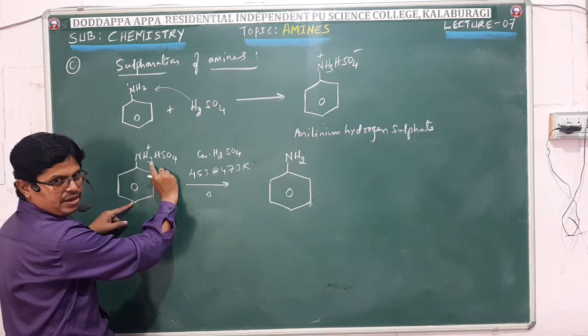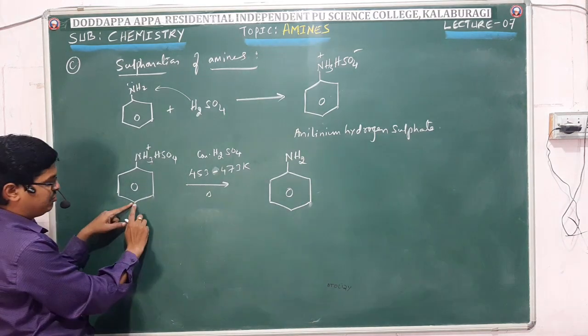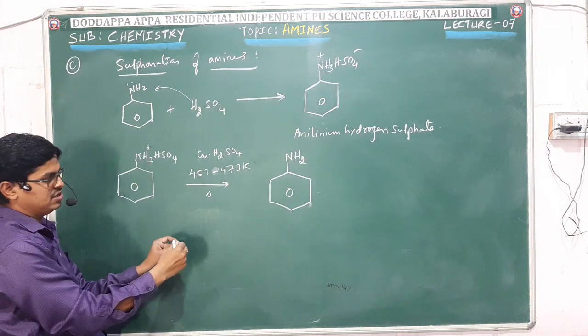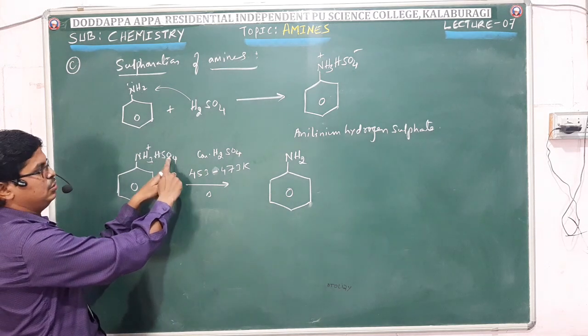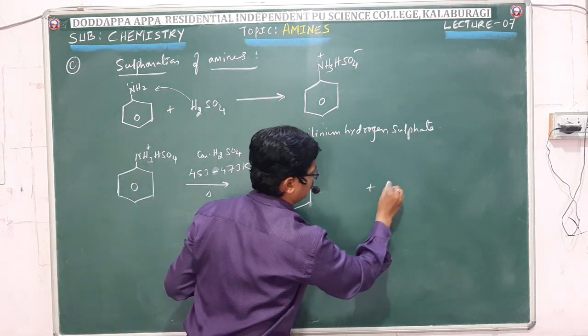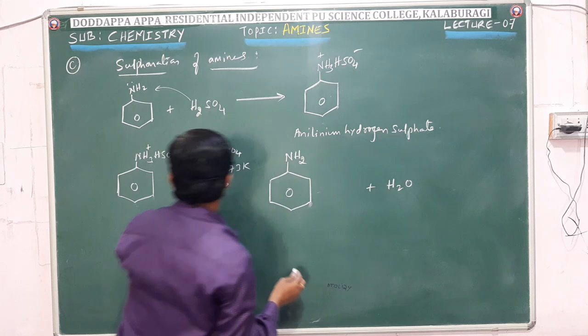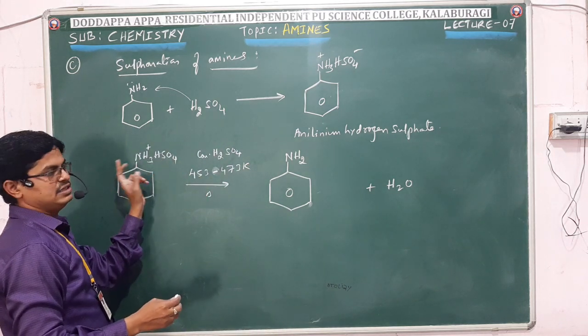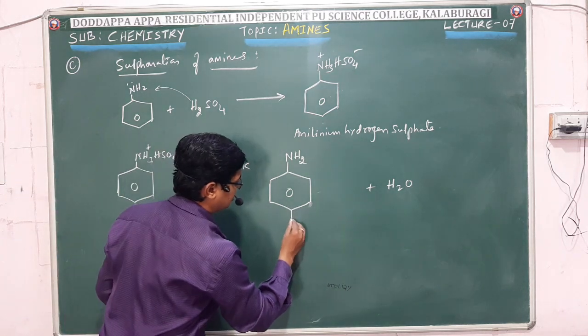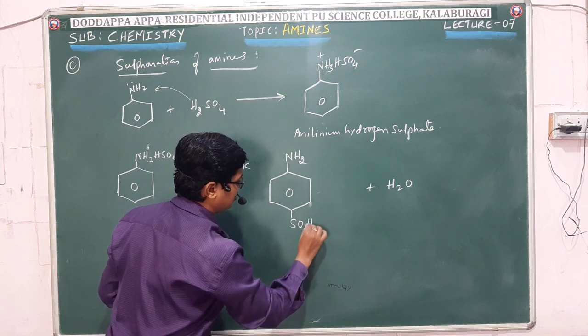1 H from the anilinium ion, 1 H from the para position. Both come outside and react with 1 oxygen to form water. Then what is left here? HSO3 is left, so it attaches here as SO3H.